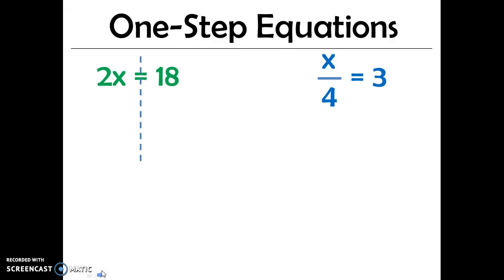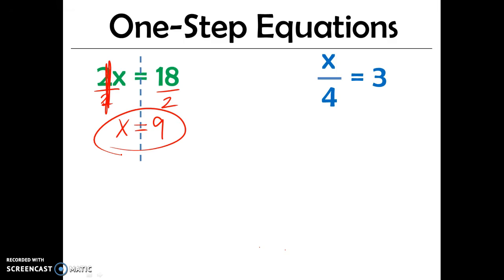So what is the opposite of multiplication? Division. So instead of multiplying by 2, I'm going to divide both sides by 2. What that does is this turns this 2 over 2 into a 1. So you're left with just 1x, or you could just write x, equals 18 divided by 2, 9. So one-step equation just takes 1 step to solve.